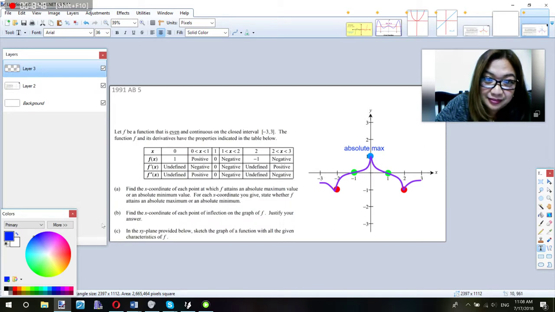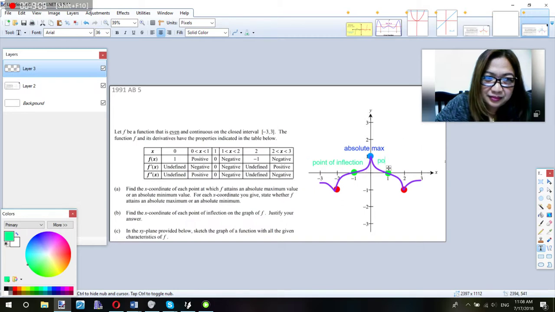Where do I have points of inflection? So this is where I think I need to change this, so that falls between 1 and negative 1. Okay, that falls at 1 and negative 1. So these are points, not ranges. Points of inflection. I'm going to write point, and we'll just write it twice.